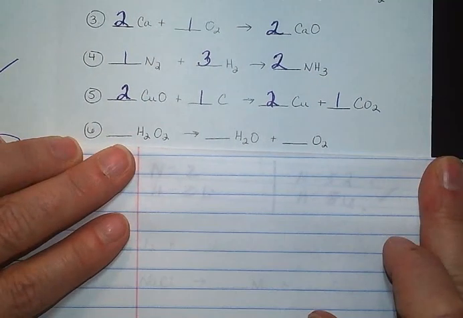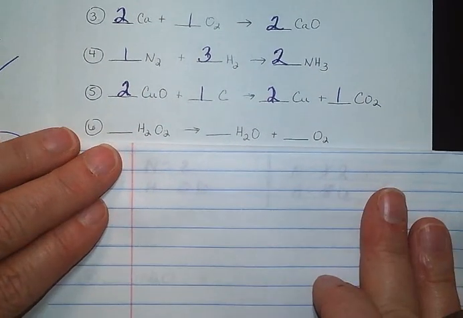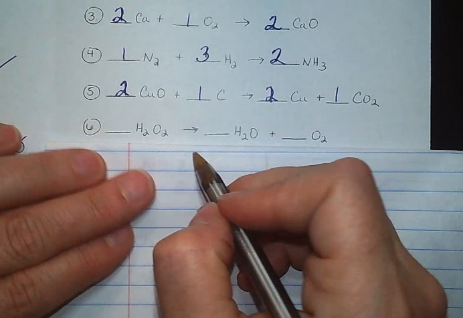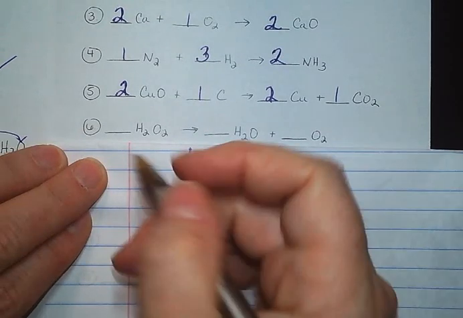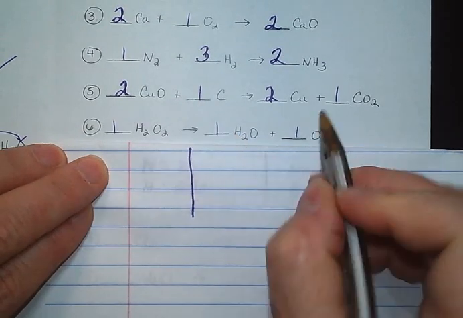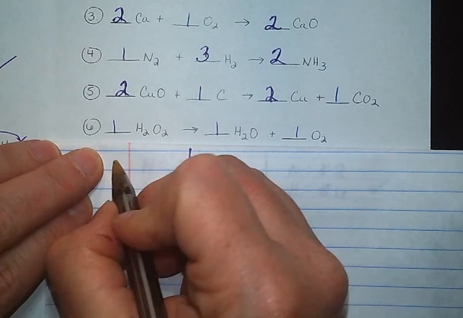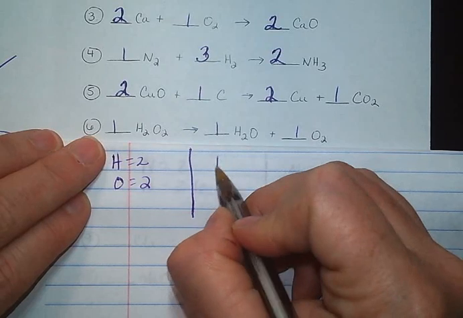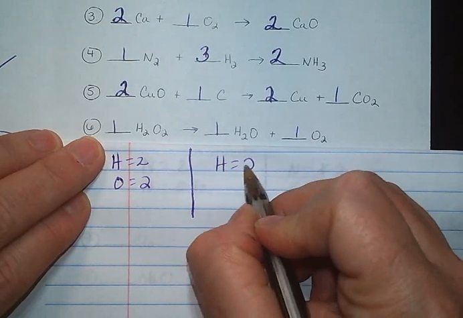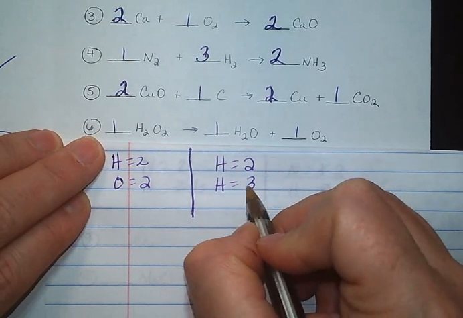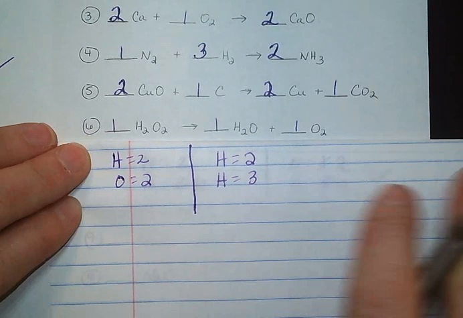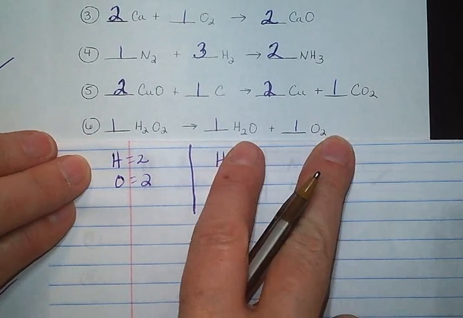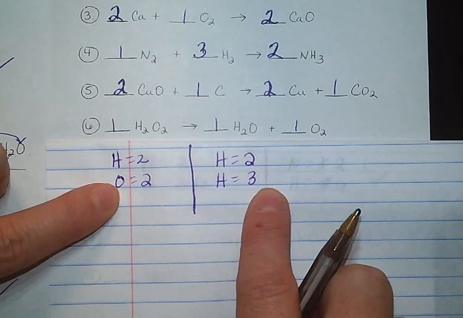Number 6. This is hydrogen peroxide or dihydrogen dioxide, giving me water and oxygen. So I have 2 hydrogens and I have 2 oxygens. I have 2 hydrogens and I have 3 oxygens. Now, the thing about this is, remember, your oxygens are split, so I don't want to try to go to 6 yet. I want to try to get this even over here.